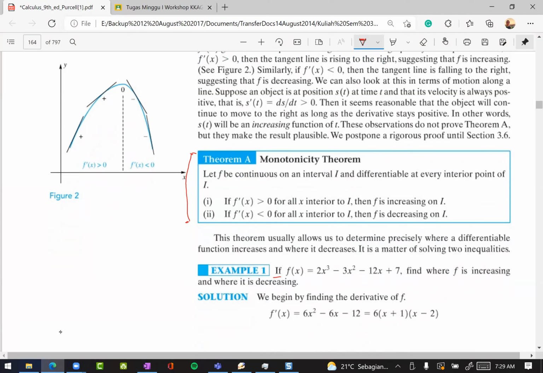We would like not only to find increasing or decreasing, but also to find its max and min.